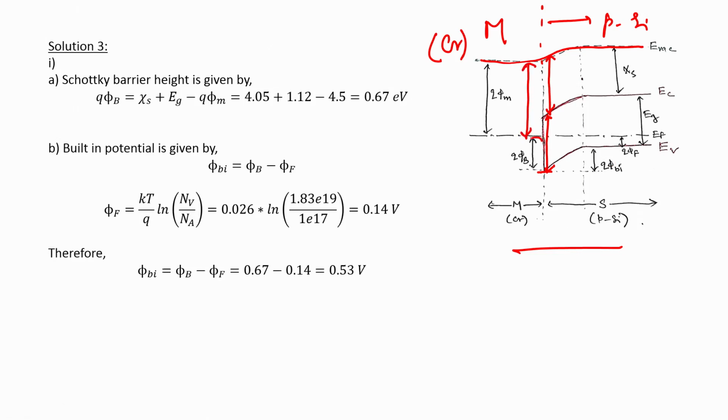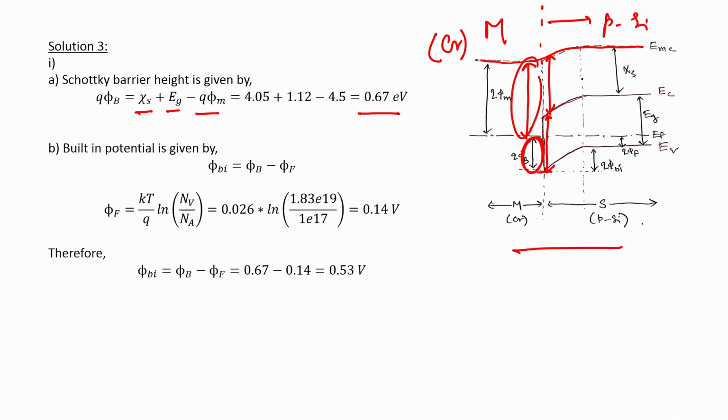That will give you this barrier height. So that is what is written here: Q phi b is equal to the electron affinity of the semiconductor plus the energy band gap minus the metal work function. That comes to 0.67 electron volt by plugging in all the numbers given in the problem.